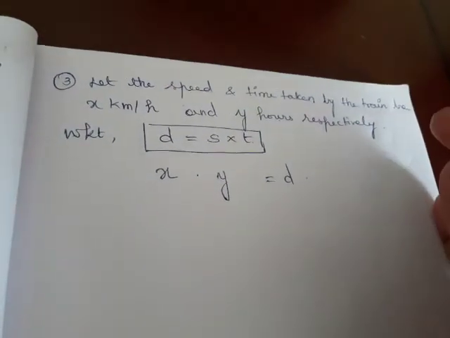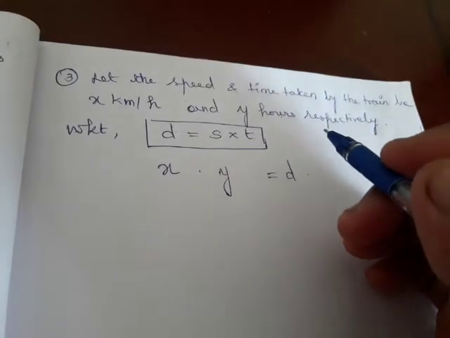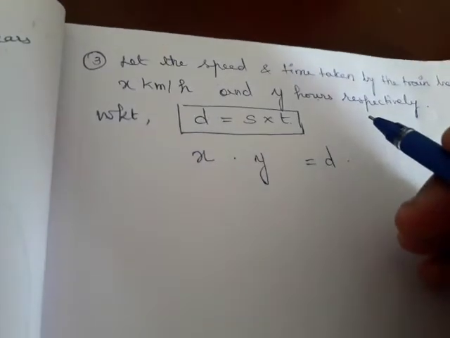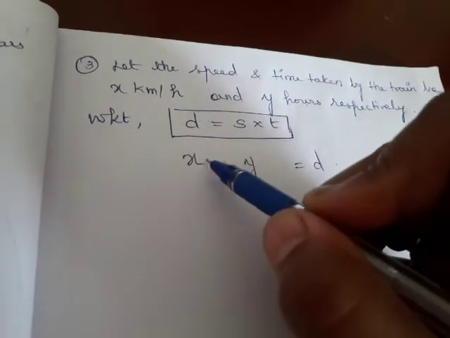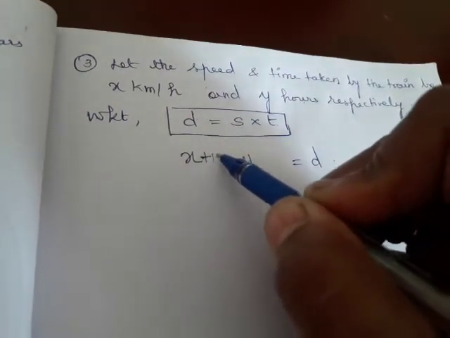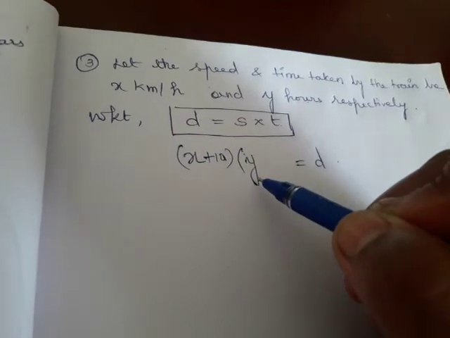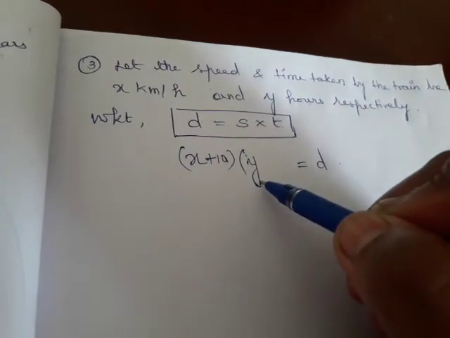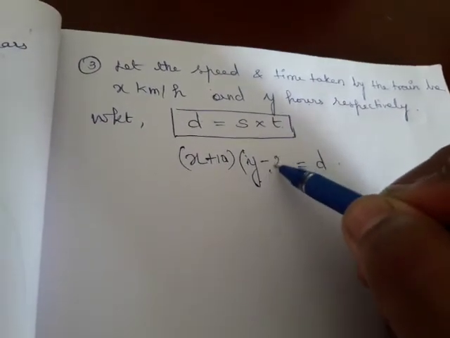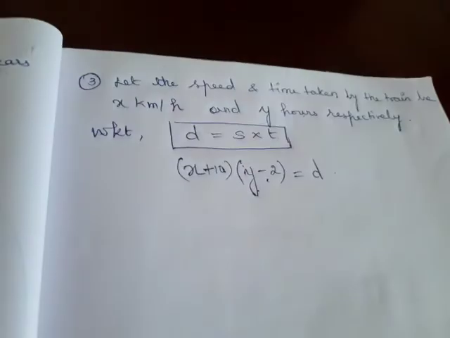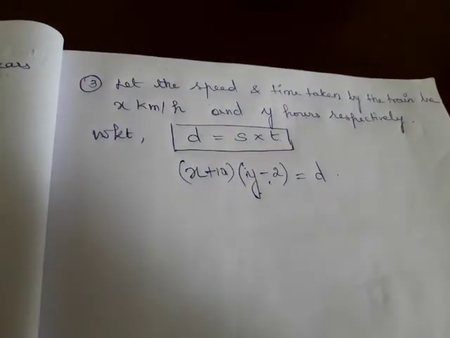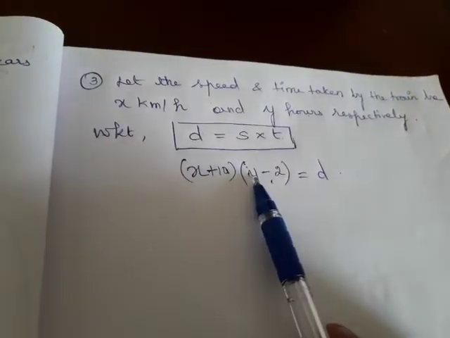But what is given? If the train had been 10 km faster, so speed plus 10, it would have taken 2 hours less than the scheduled time to reach the destination, right? Distance covered is speed into time.